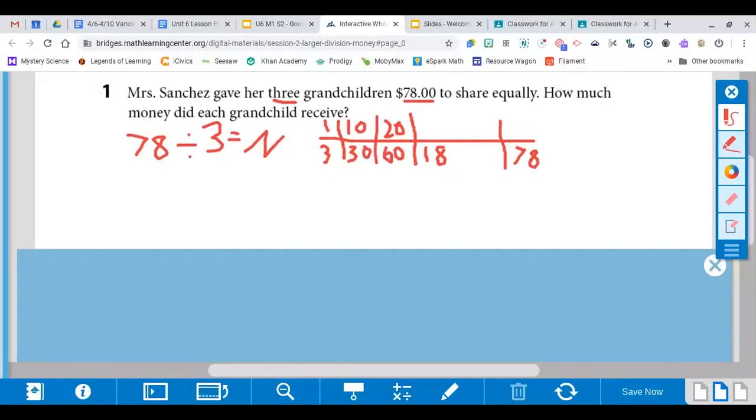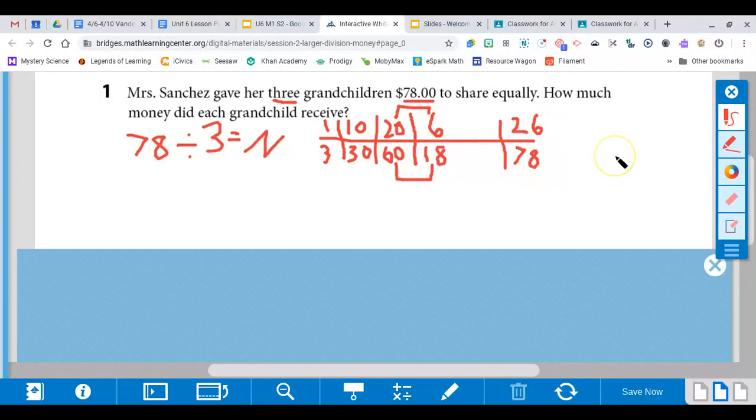Well, if I think 3, 6, 9, 12, 15, 18, that's 6 groups of 3. So now if I add 60 and 18 together to make 78, I would add my 20 and 6 together to get 26. So it'd take 26 groups of 3 to get to $78.